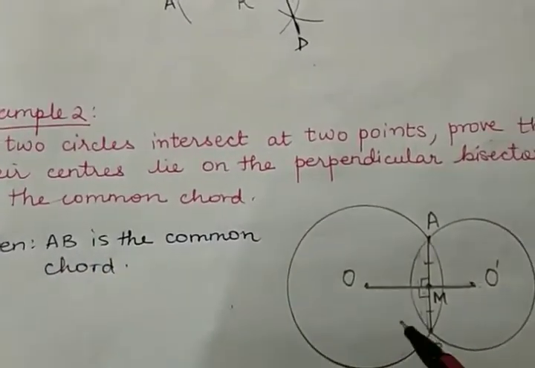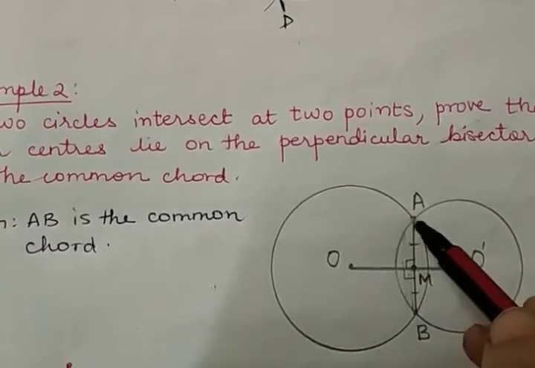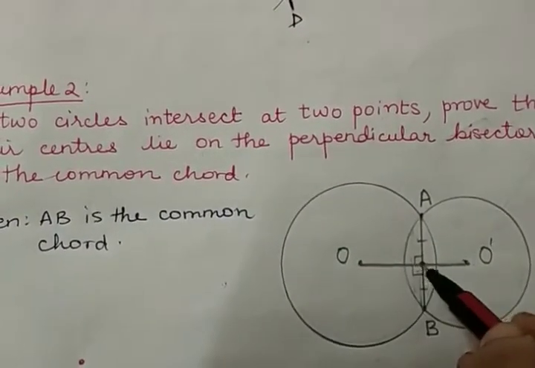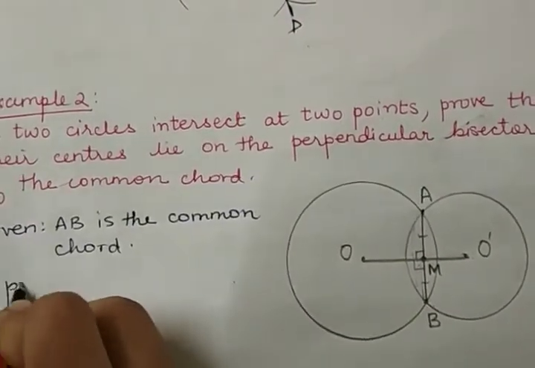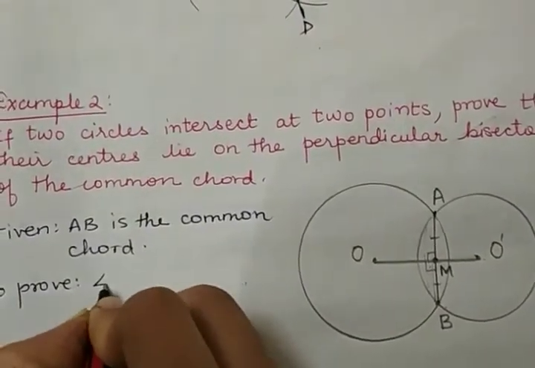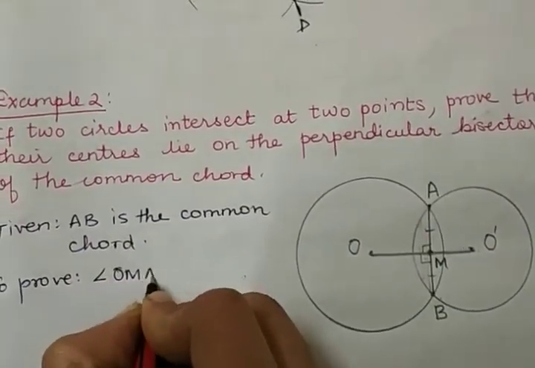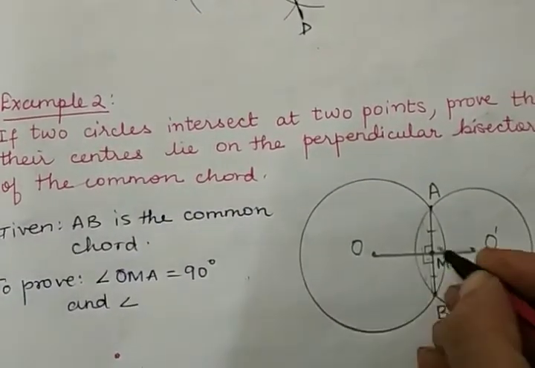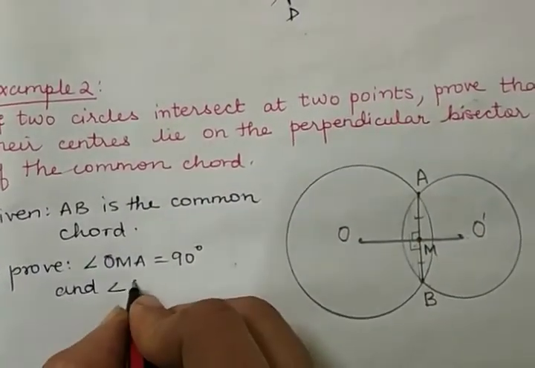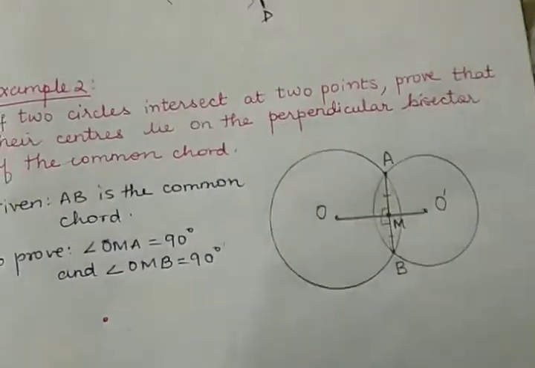And you have to show that angle OMA is equal to 90 degrees and also angle OMB is equal to 90 degrees. This is what I have to prove.